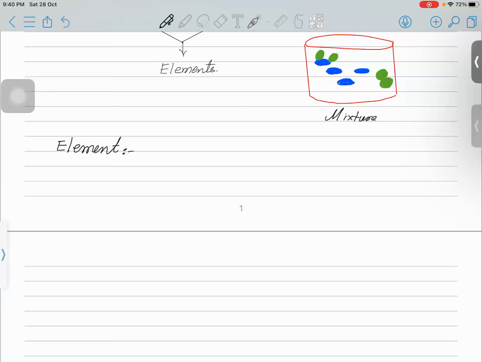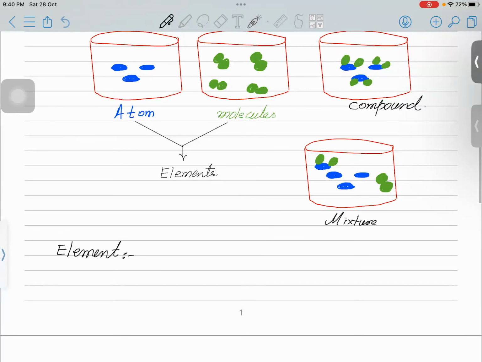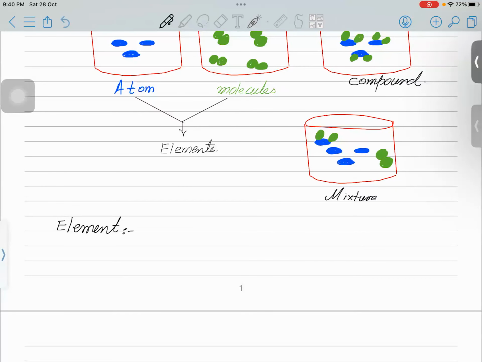Atom is already the simplest form. Element is already the simplest form, but a molecule is the combination of atoms. So how can it be an element?